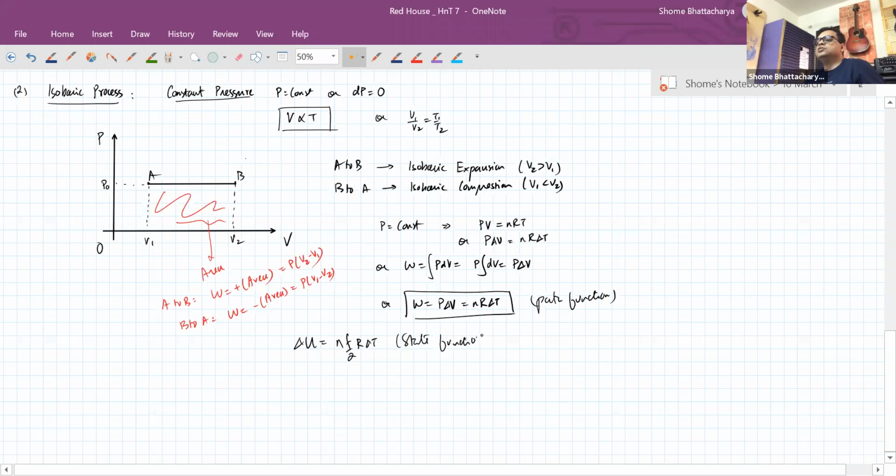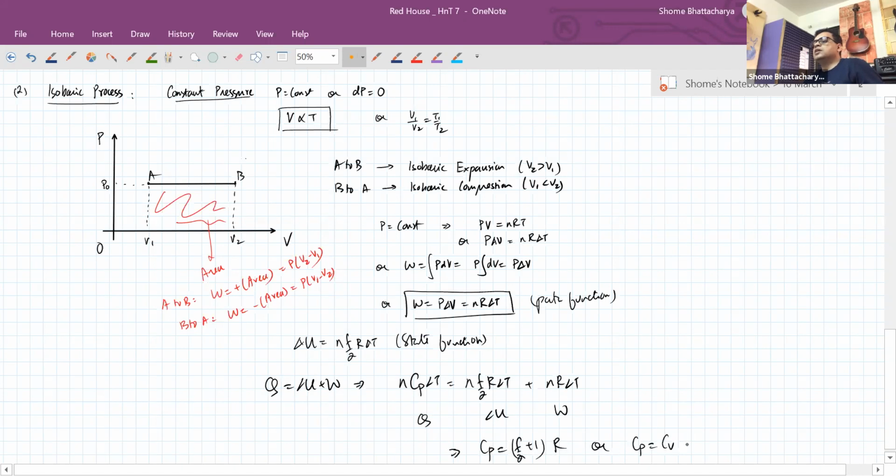So now combining these two by first law of thermodynamics, we'll get nCp delta T, that is our Q, is equal to nF by 2 R delta T, that's our delta U, plus nR delta T, that's our W. So from this we are getting that Cp is equal to F by 2 plus 1 into R, or Cp is equal to Cv plus R. So that is the relationship between isobaric molar specific heat capacity and isochoric molar specific heat capacity.